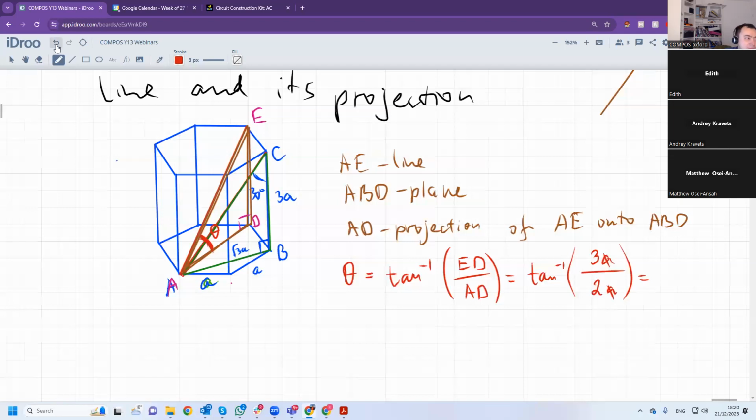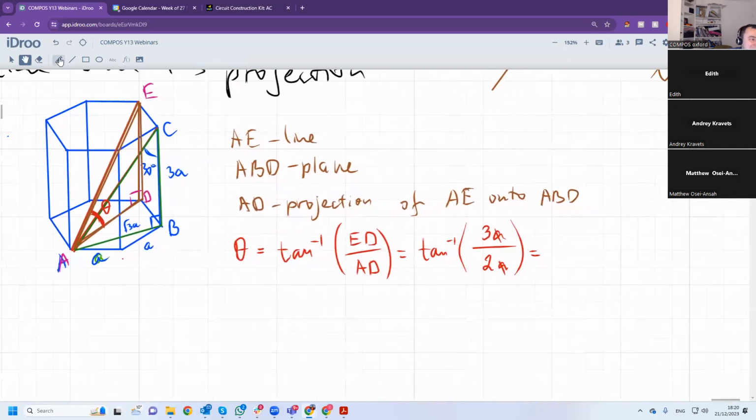Well, when you do maths properly, you would say that it's just arctan 1.5. That's the answer, okay? But you can calculate it as the exact value, 1.5, which is 56.3 degrees. 56.3 degrees. Different projections can't give different angles. You can't have different projections. There's only one projection.